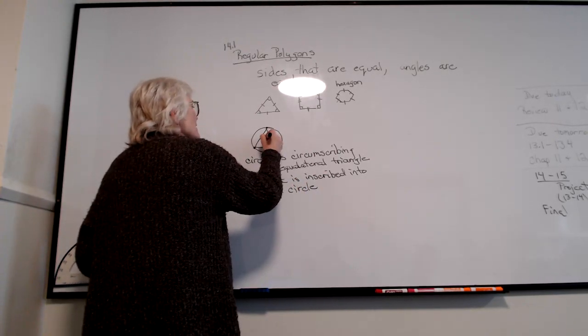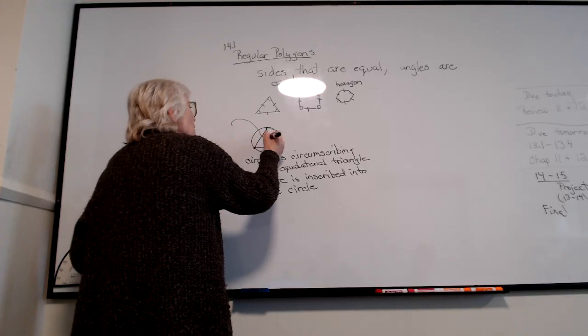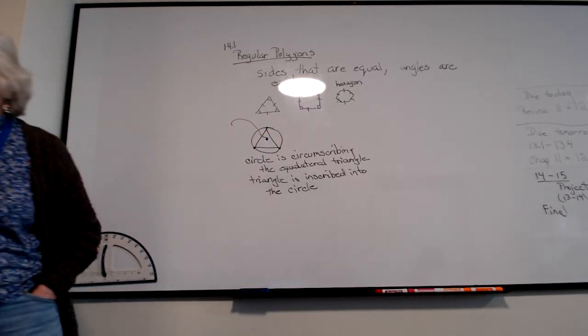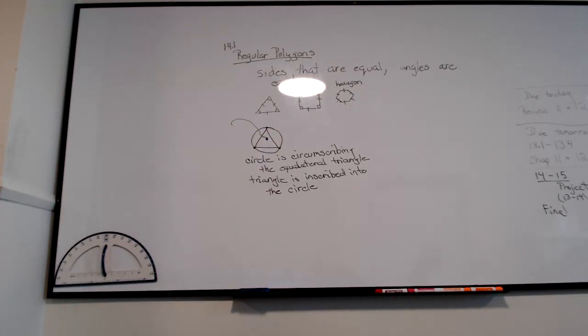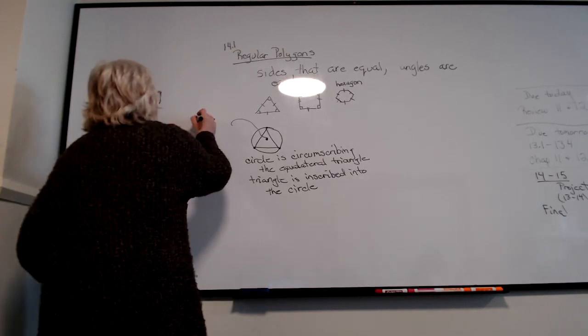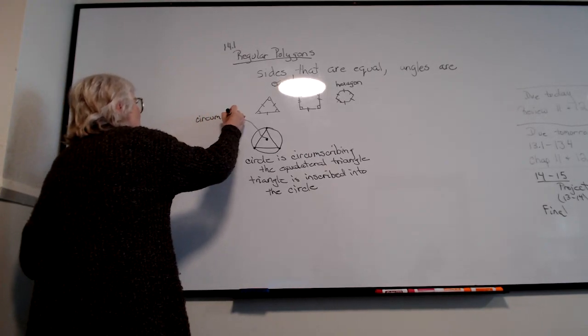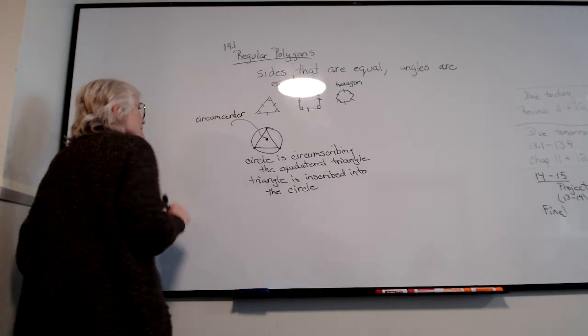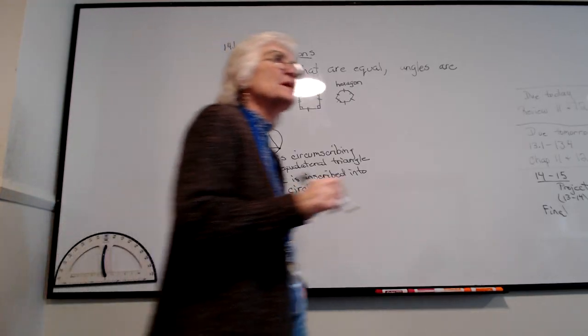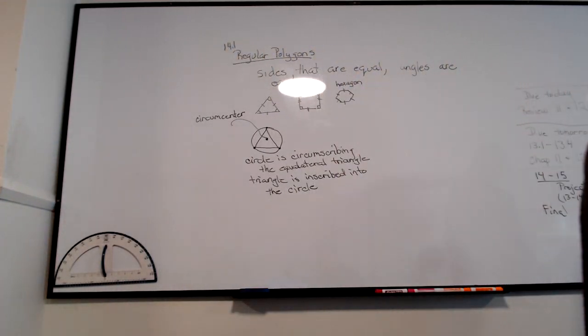Question for you. What is that point right there in the center called? Circumcenter. It's called the circumcenter because it's the center of the circle that goes around that.